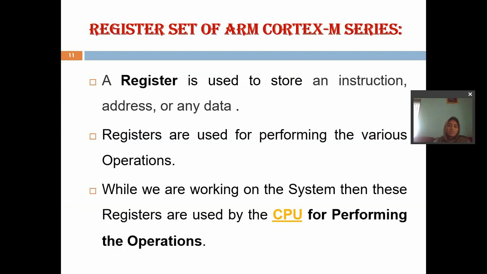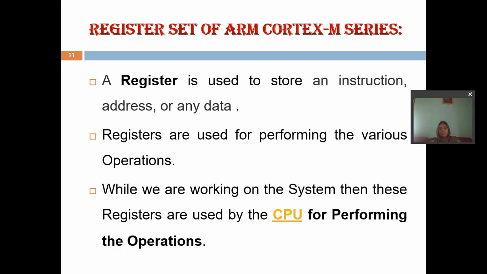In this class I am going to explain about the register set of ARM Cortex M series. What is an ARM? ARM is an Advanced RISC Machine. In this lecture I am going to explain the different registers we are using in the ARM processor.